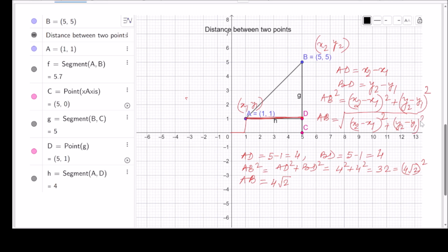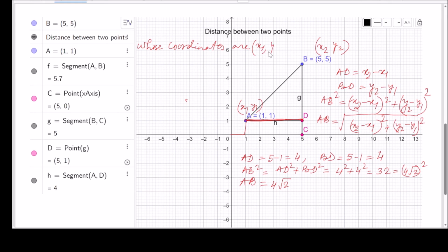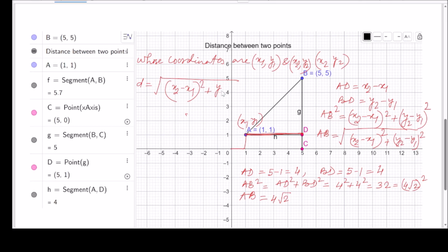So using GeoGebra, we can find the distance between 2 points whose coordinates are x1, y1 and x2, y2. We call it the distance formula: D equals square root of x2 minus x1 whole square plus y2 minus y1 whole square.